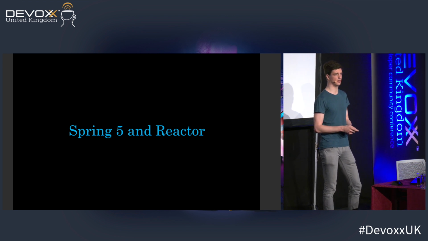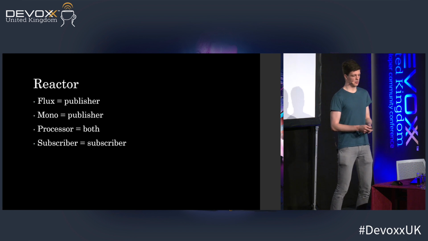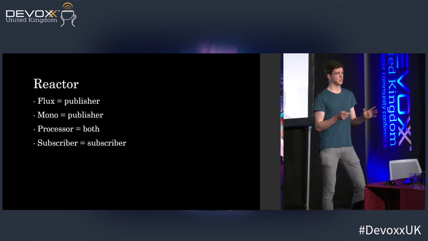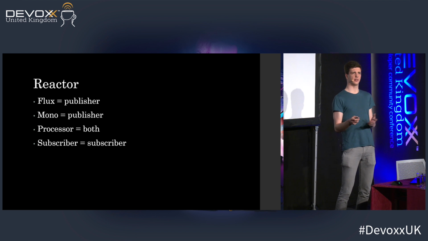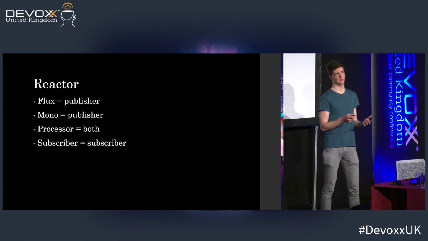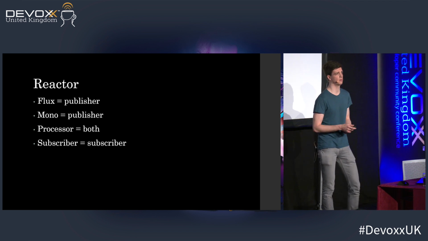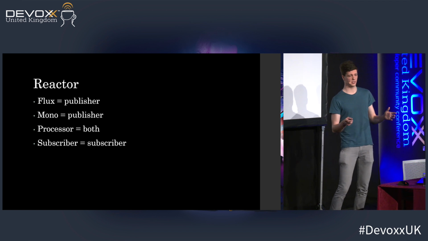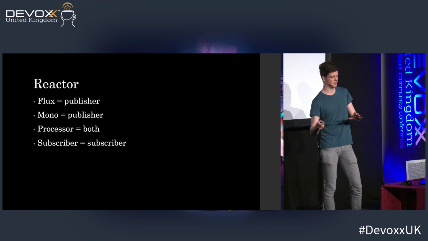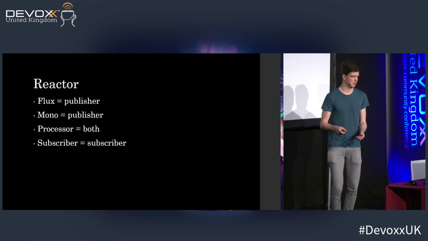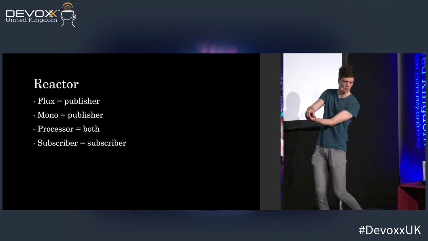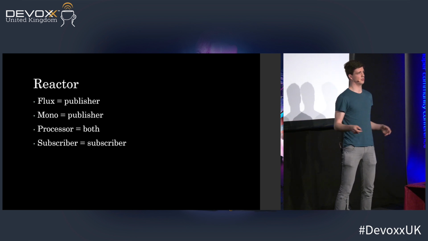But first, we need a little bit of terminology about Reactor, because they gave it some different names. Flux is a publisher. It's actually like your regular orchestra member that plays some music. A mono is a publisher, but it's a little bit of a weird one. It's like the guy in the back with the gong that hits the gong once and then stops and doesn't do anything else.